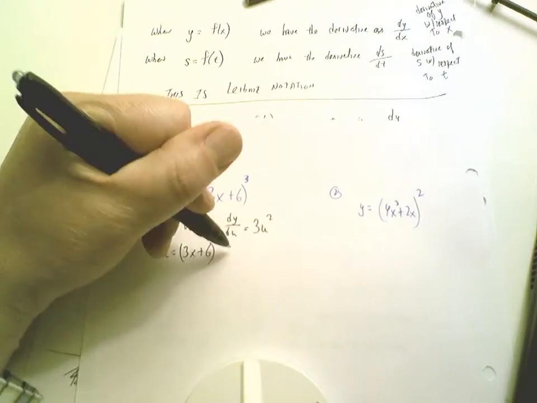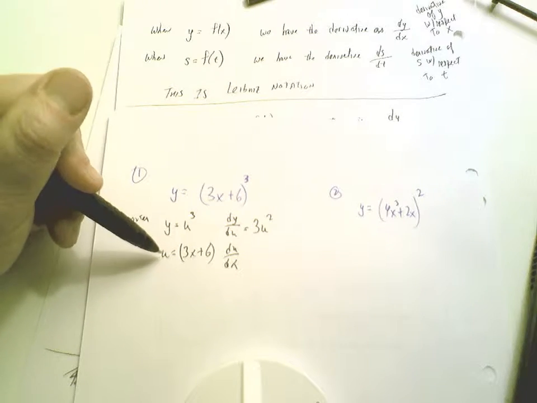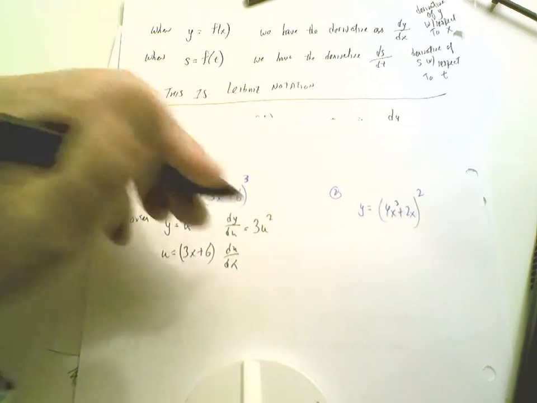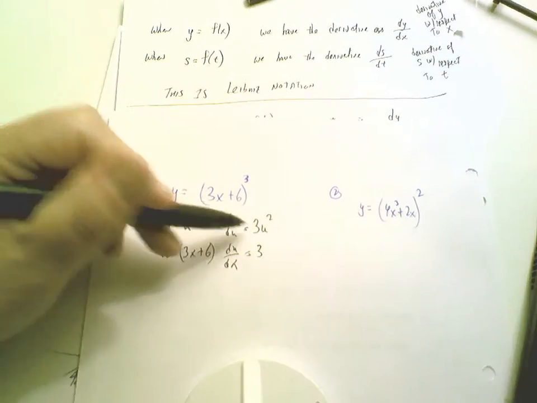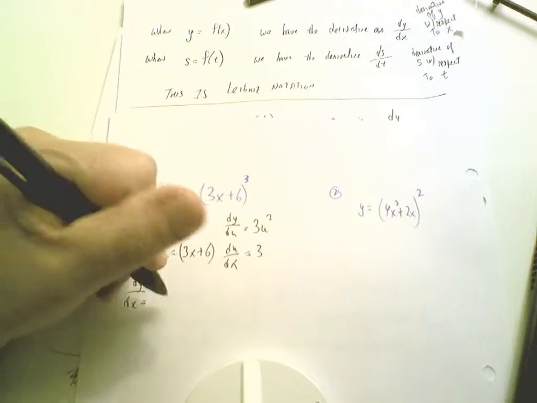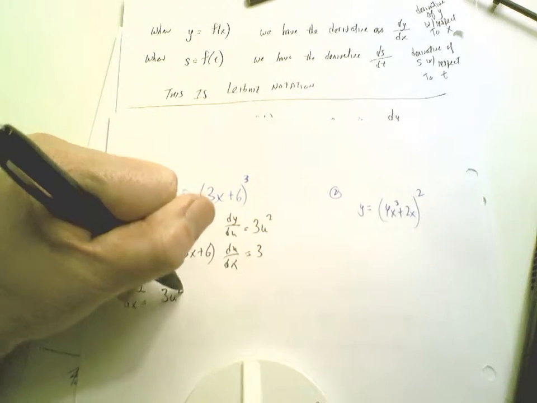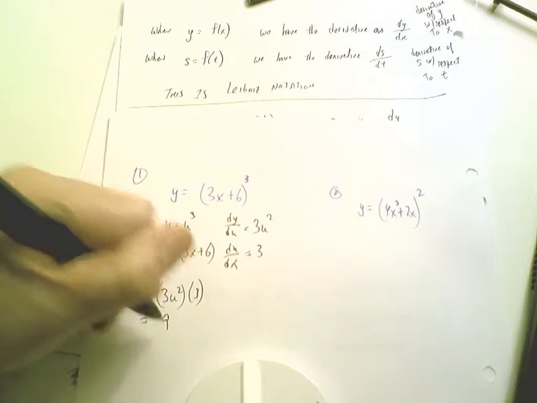Du dx is the derivative of 3x plus 6, u as a function of x, which is nothing more than 3. Multiply the two together and I would have dy dx equals 3u squared times 3, or 9 times u squared.